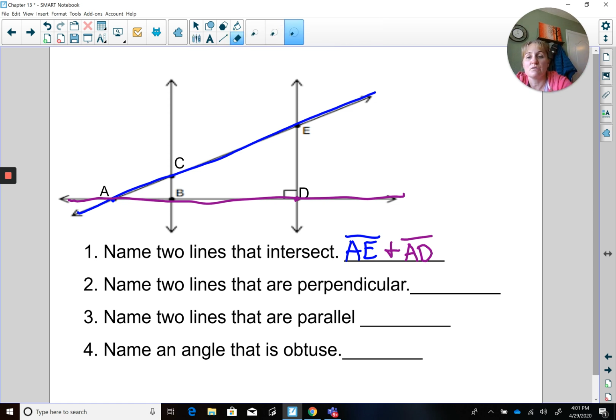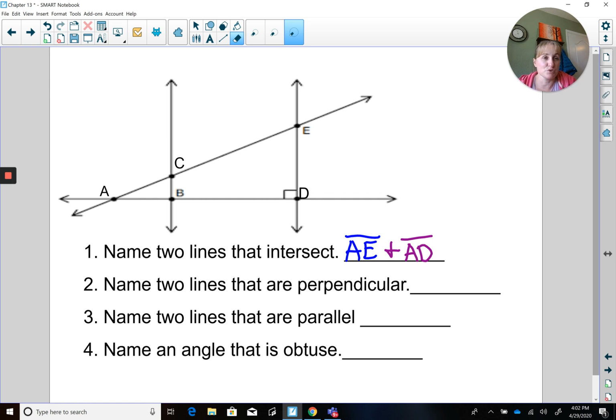Okay, so now that you know how to do that, I want you to now answer 2, 3, and 4. So 2, let the dot go crazy. 2 says name two lines that are perpendicular. So that means you're going to have two lines written down. Number 3, name two lines that are parallel. Same thing. Number 4, name an angle that is obtuse.